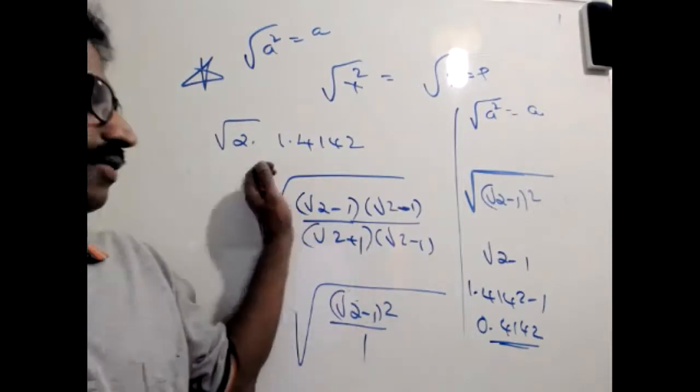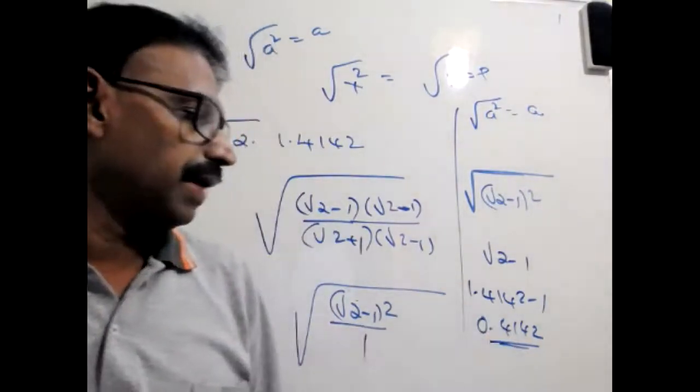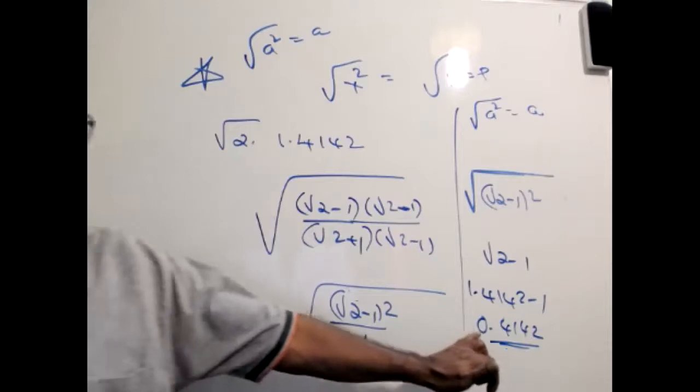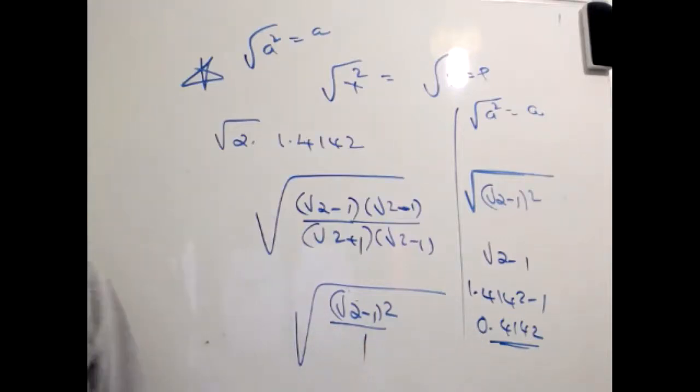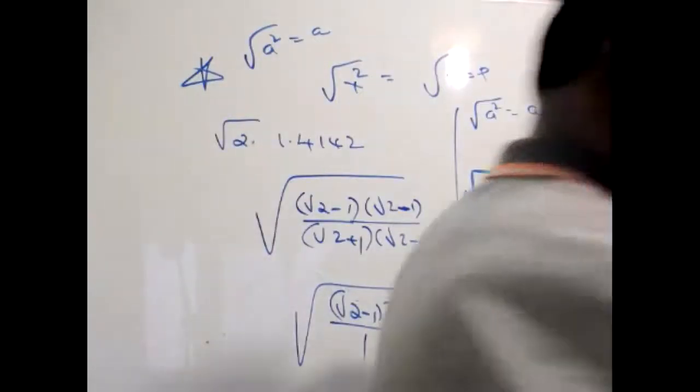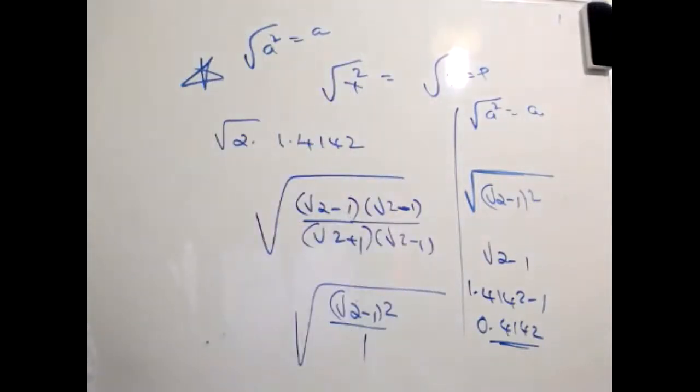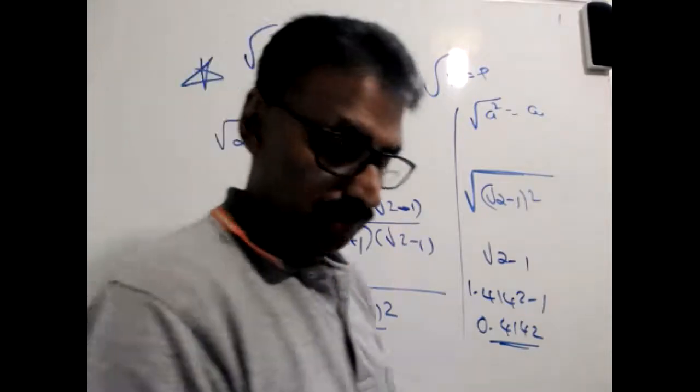Then apply the value: 1.4142 minus 1, so 0.4142. Okay, write fast. Okay, copy first.